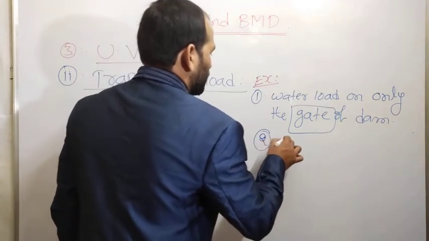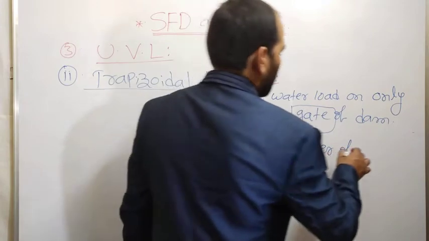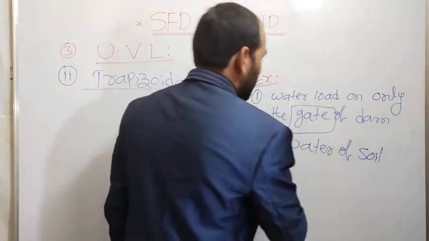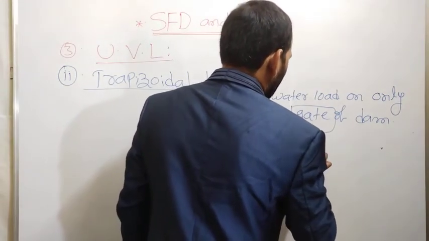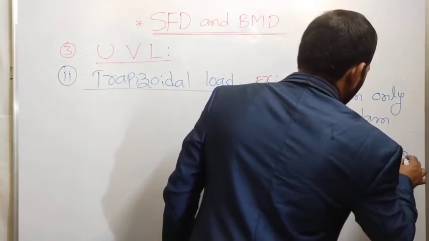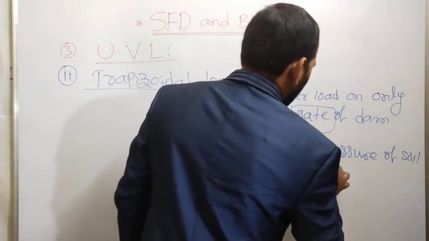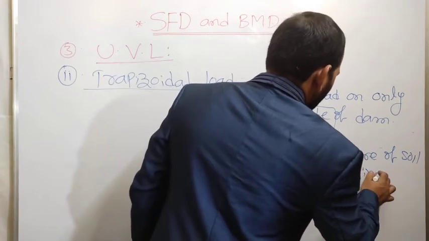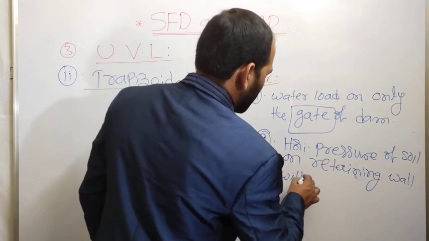Second one is the weight of soil. Right, so horizontal pressure of soil, not weight of soil. Horizontal pressure of soil on a retaining wall with surcharge.